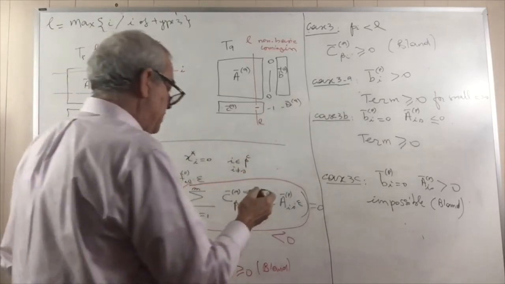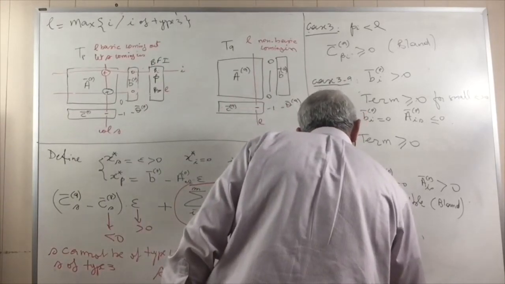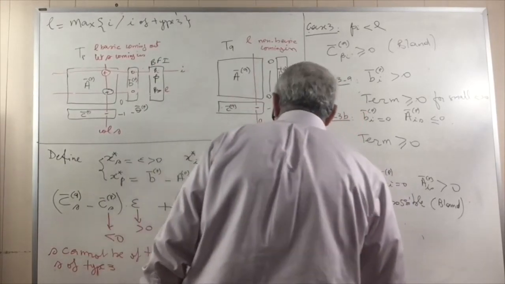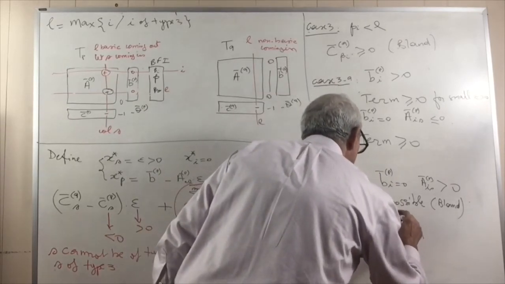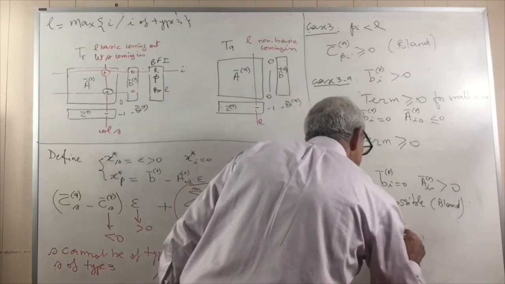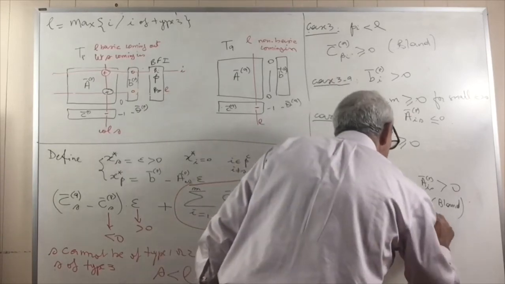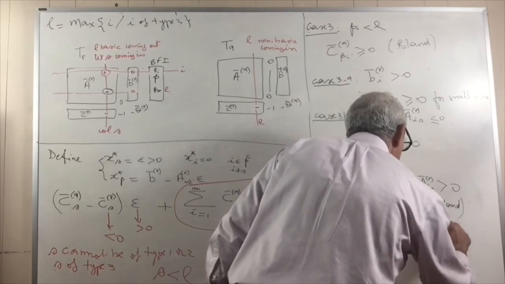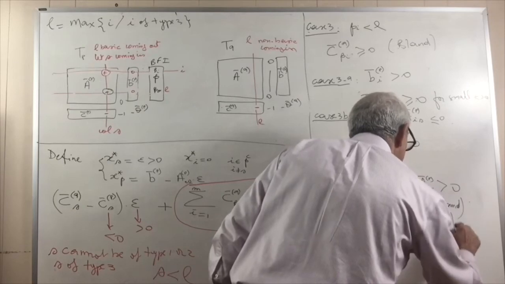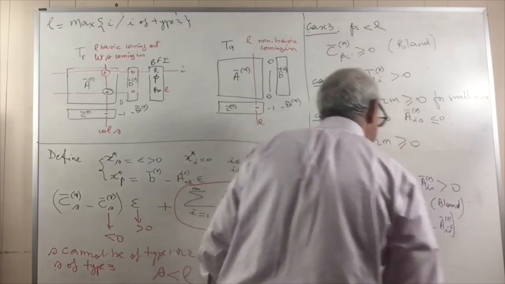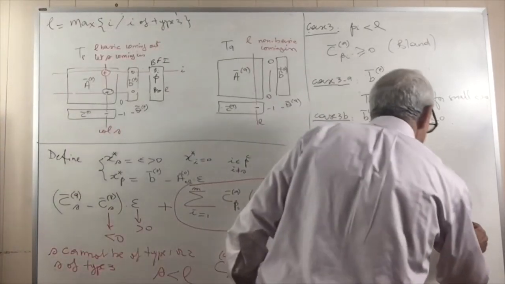So therefore, the sum from i equal 1 to m of c bar q beta i times b bar of Pi minus a bar of Pis times epsilon is bigger than 0.